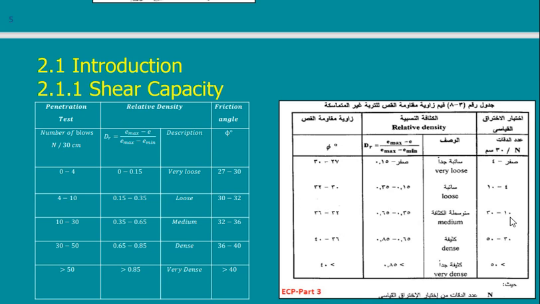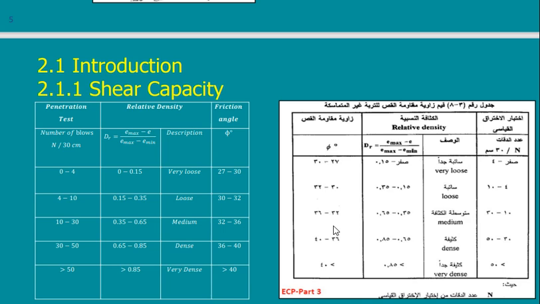So say from 10 to 30, it is 32 to 36 the phi angle. Suppose I have not 10 and not 30, it is 20, so it is in between here. I can use ratio and proportion, and this is only a guide.